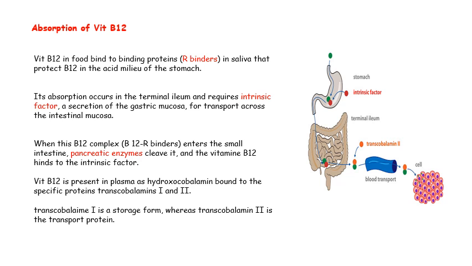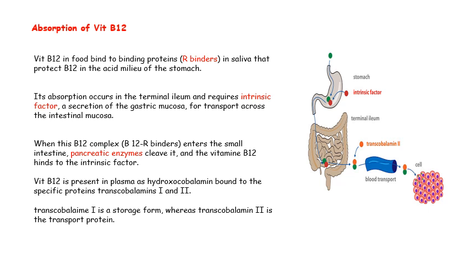B12 in the food binds to a binding protein called R binders in saliva that protect B12 in the acid medium of the stomach. Its absorption occurs in the terminal ileum and requires what's called intrinsic factor, a secretion of the gastric mucosa secreted by the parietal cells, for transport across the intestinal mucosa.